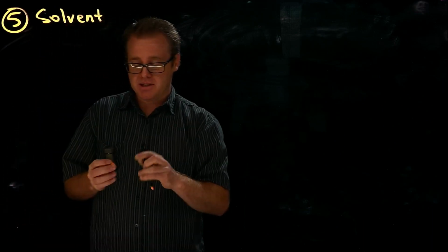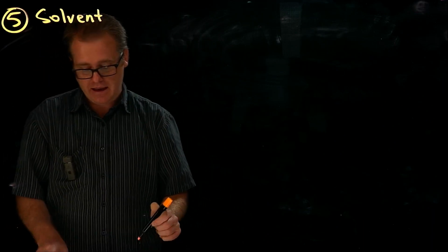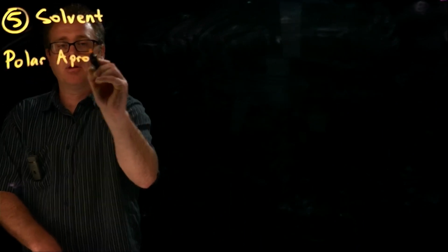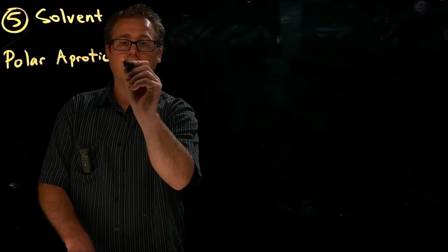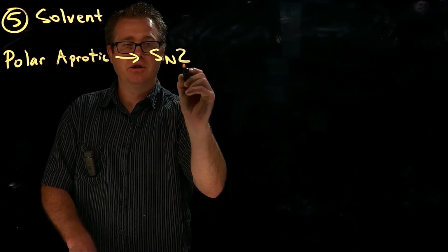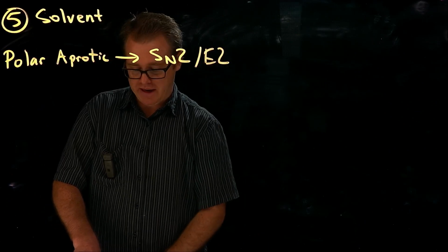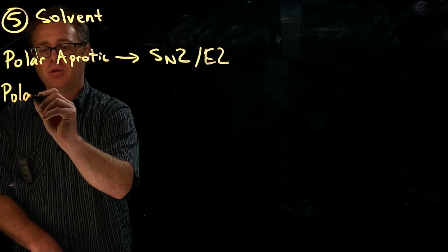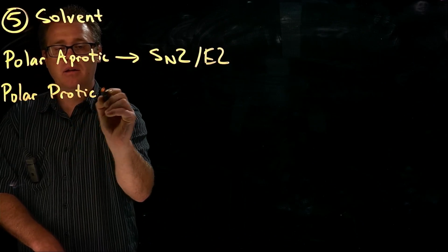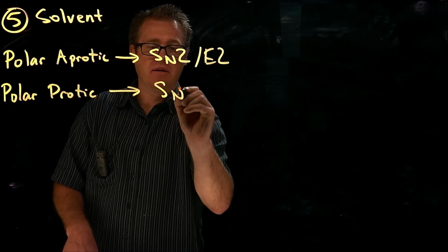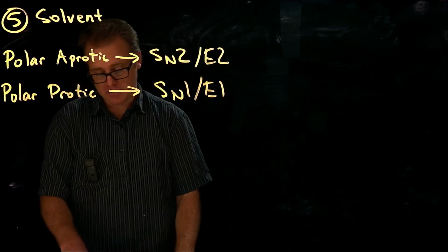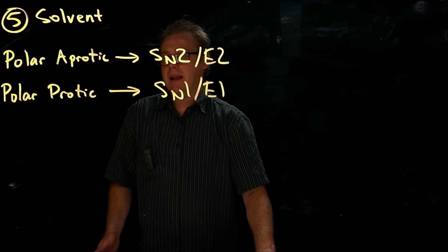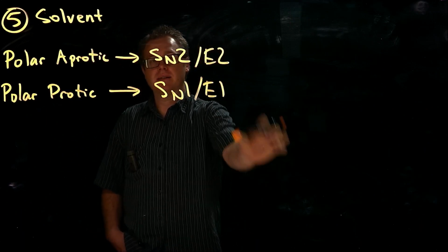So we have two types of solvents that we need to be aware of in organic chemistry. The first one is polar aprotic solvents, and those are going to favor SN2 and E2 mechanisms, all right? And then you have something called polar protic solvents, and those are going to favor SN1 and E1 mechanisms. Okay. Now, why is this the case? Okay, so that's the answer.